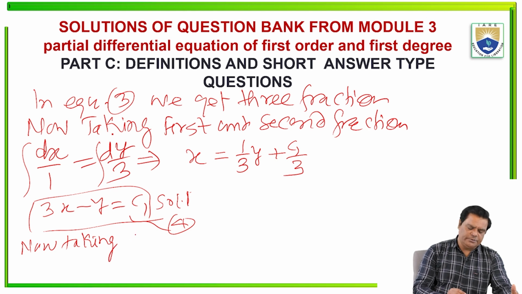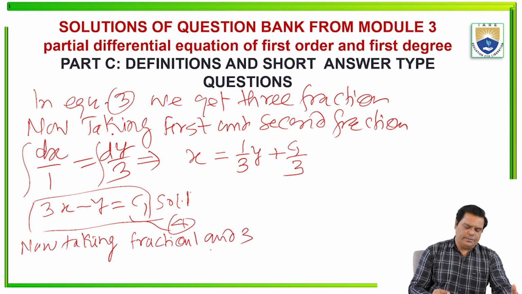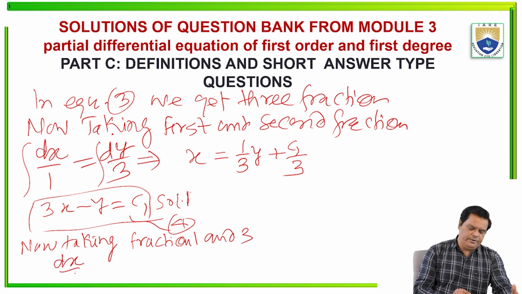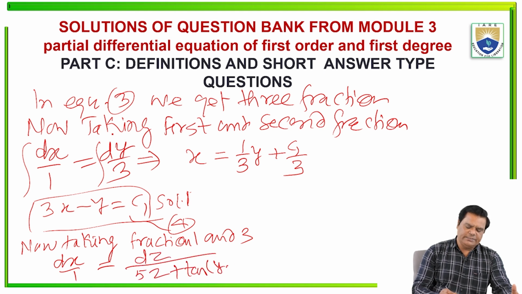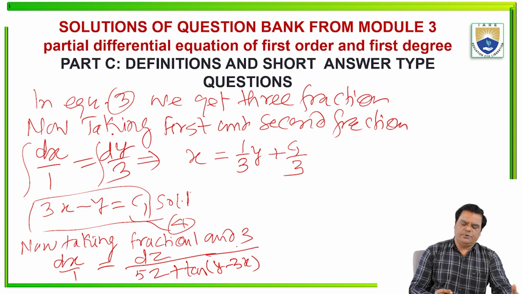Now taking the first and third fractions, we get dx upon 1 equal to dz upon 5z plus 10y minus 3x.